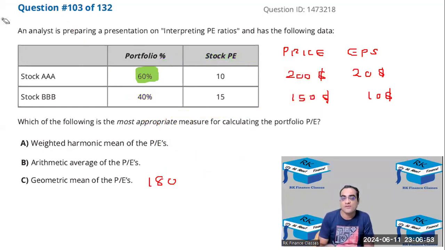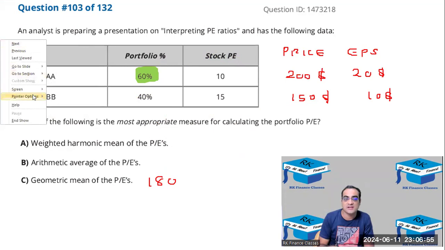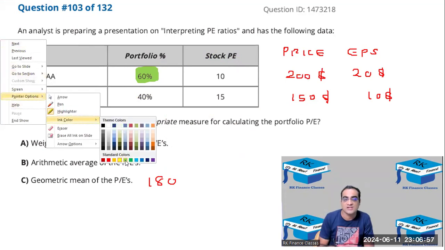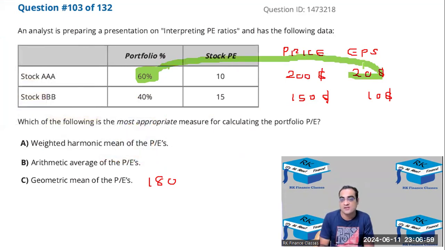Now let's calculate the profit. 60% multiplied by the profit of that share, 20, is going to be $12.